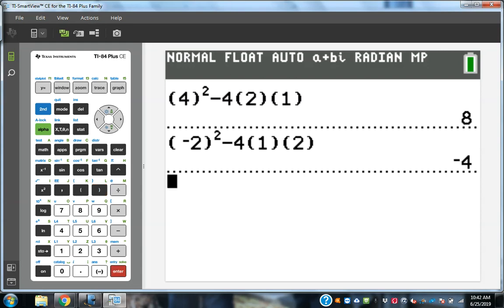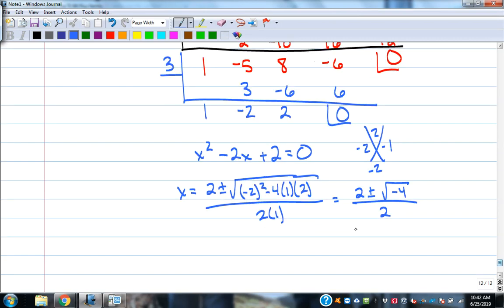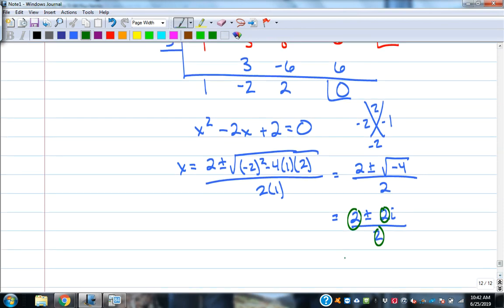I get a -4 under the square root. 2 plus or minus square root of -4 over 2. And we've already done the square root of -4 in the previous problem. That's 2i. And then all of these numbers are divisible by 2, so I'm going to divide them by 2. So that's going to be 1 plus or minus 1i, or just i there.